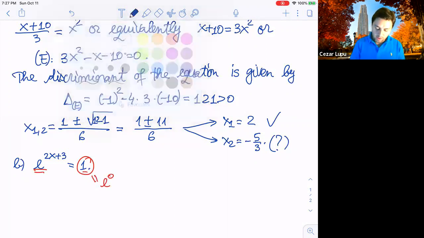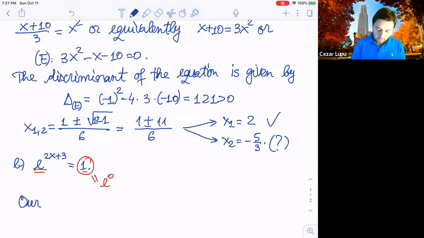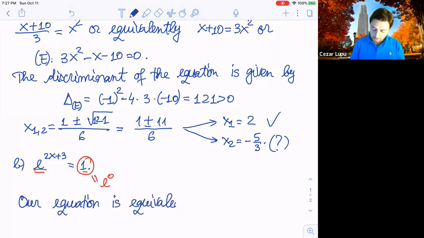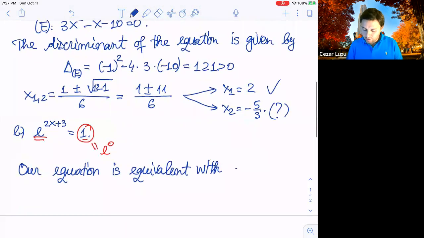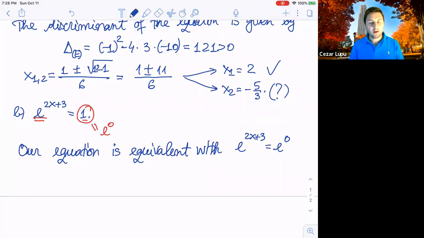So it follows that our equation is equivalent with the following: e to the power 2x plus 3 is the same as e to the power 0. So now, as you can see, we have the same base.